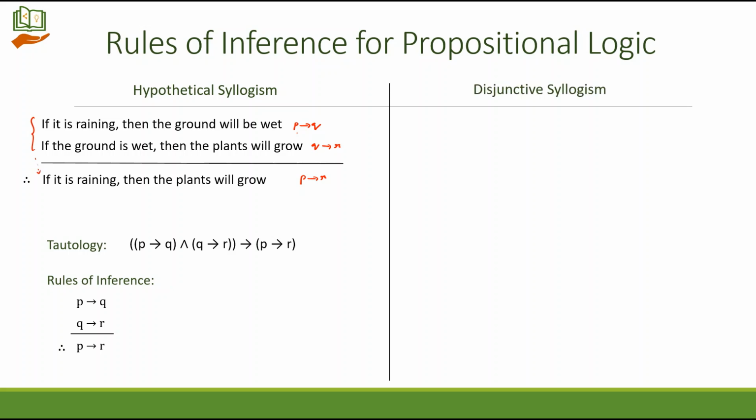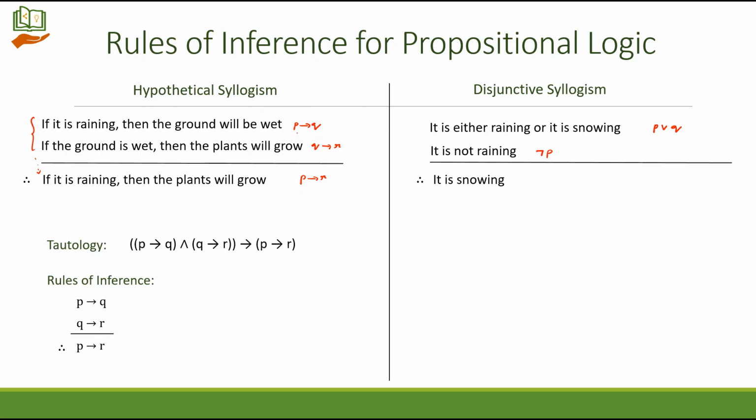The next rule of inference will be disjunctive syllogism. Let's take: it is either raining or it is snowing. So let's take this to be P or Q. It is not raining. We say it is the negation of P. So here either the rain is there or the snow is there. They say it is not raining. So what is the other option we have?